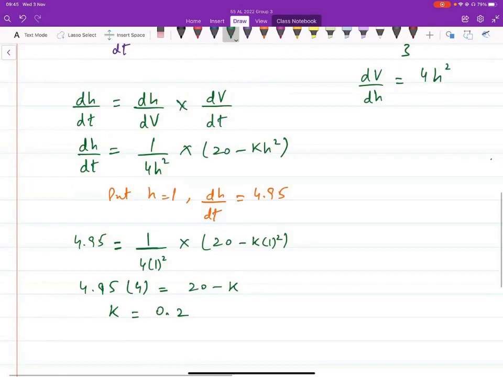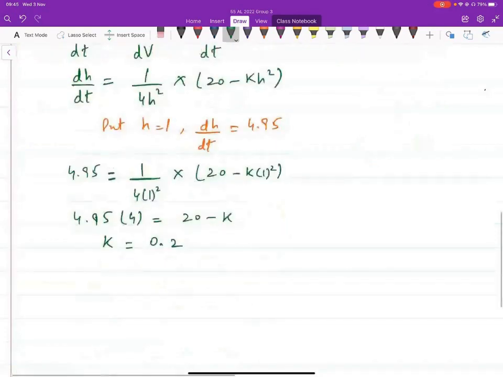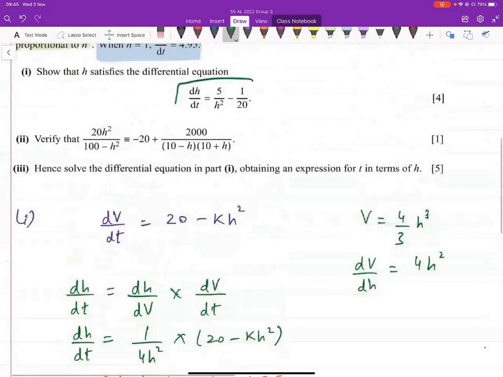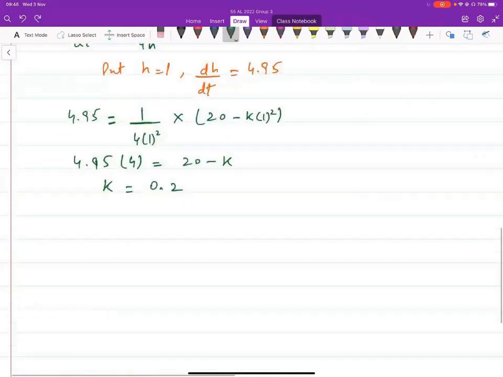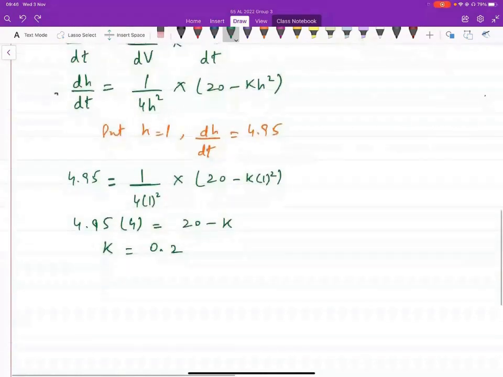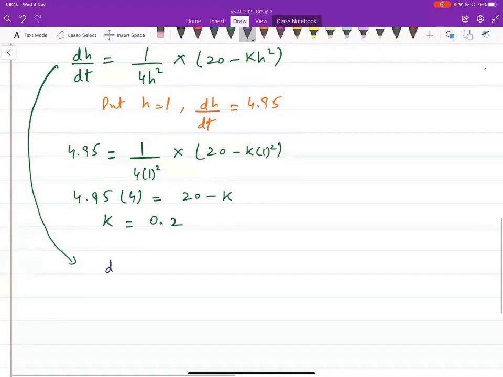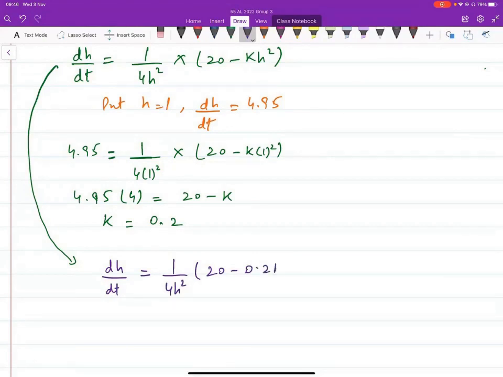Okay, so we have the value of k. What do we do now? We input this back in that equation, dh over dt, and then you have to convert it into this form. Okay, so let's see how we can do that. We put this back in this form. dh over dt is equal to 1 over 4h square into 20 minus 0.2h square.